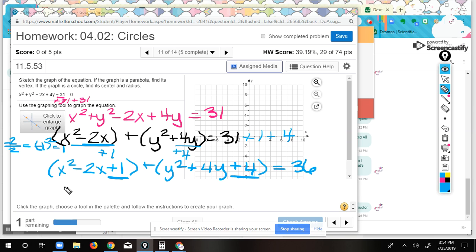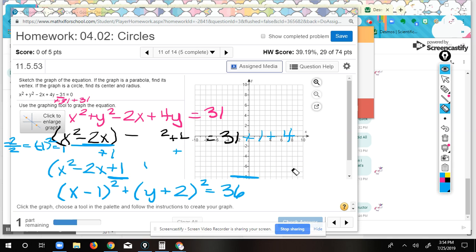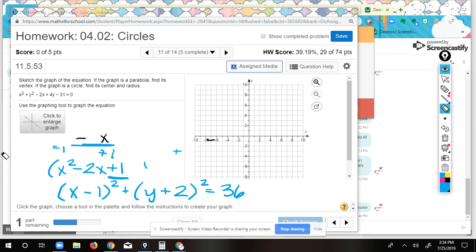Now we factor, and to factor it, you just put whatever you got when you divided by 2. So when we divided by 2, we got negative 1. And when we divided by 2 over here, we got 2. Look at that. That's just beautiful. So this tells me, if we're reading the opposite, that we have a circle that is centered at, we read the opposite.